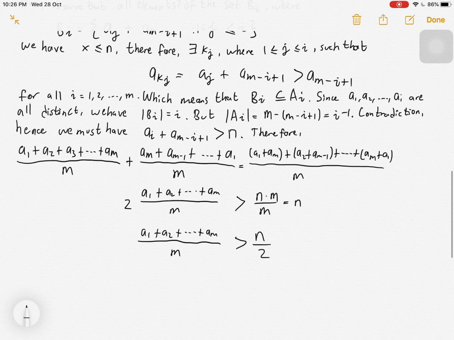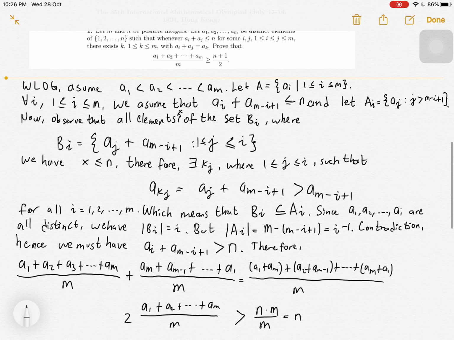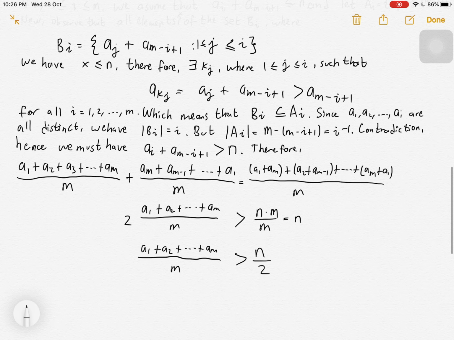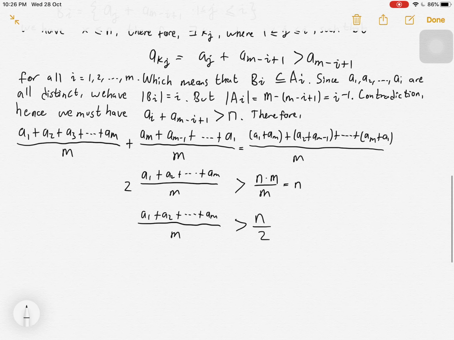Okay, it seems that we are close to the conclusion of what the problem asks us to prove. So we will use a trick where we know that all a_i are positive integers.